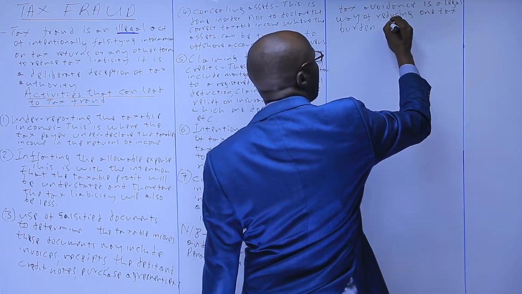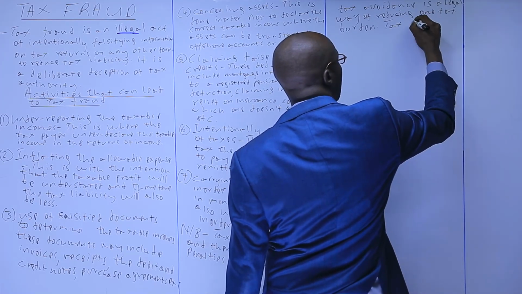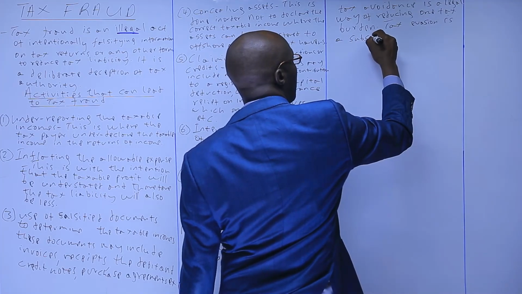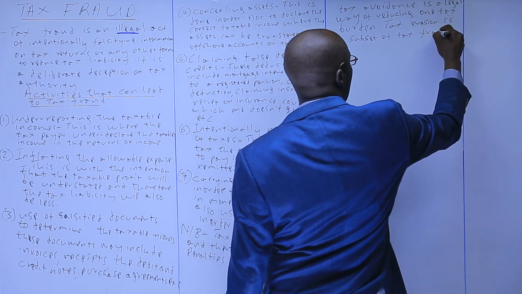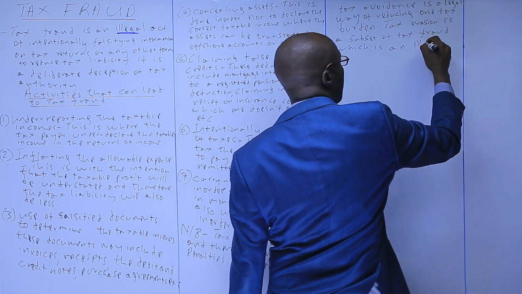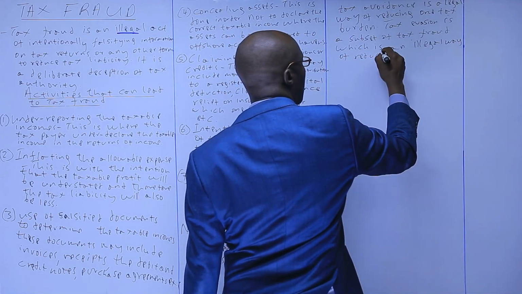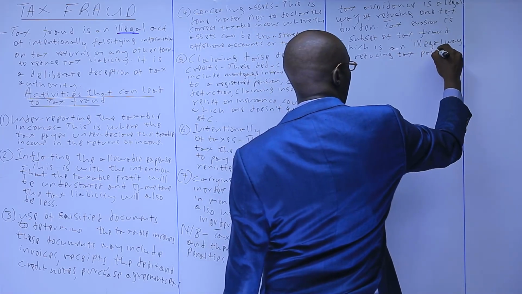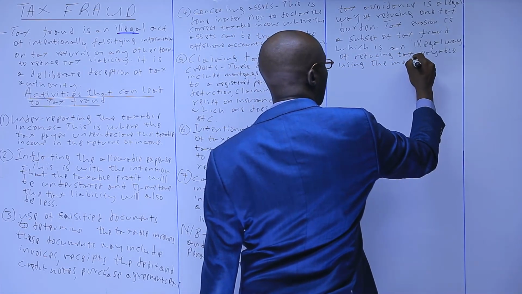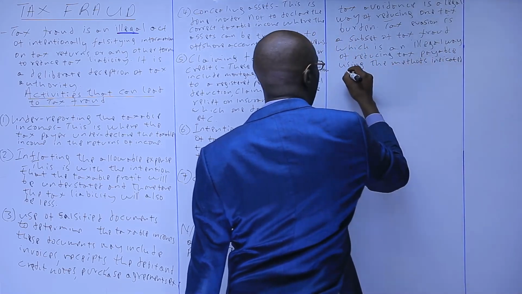So, tax evasion is a subset of tax fraud, which is an illegal way of reducing tax payable using the methods indicated above.